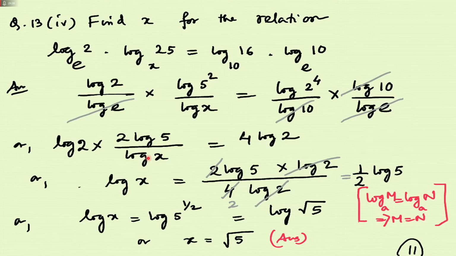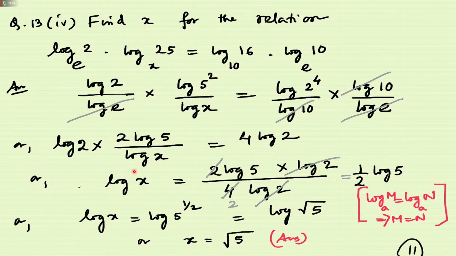But you have to find only log x, so keeping here log x, you will have log 2 here. Log x is equal to log 2 by 4 log 2 into 2 log 5. This log 2 will cancel each other, and this 2 and 4 will give you half of log 5.